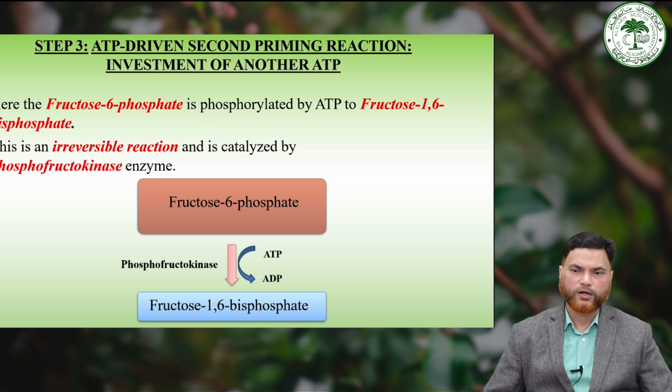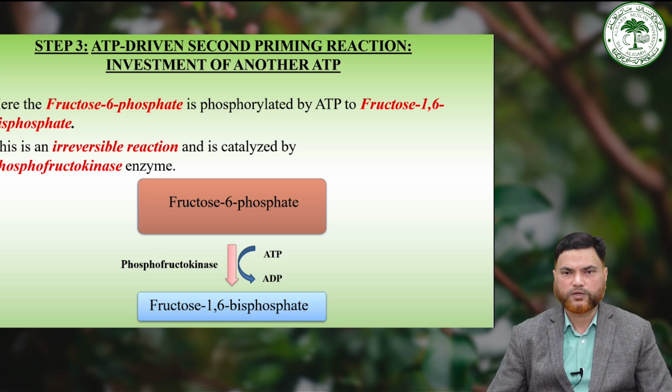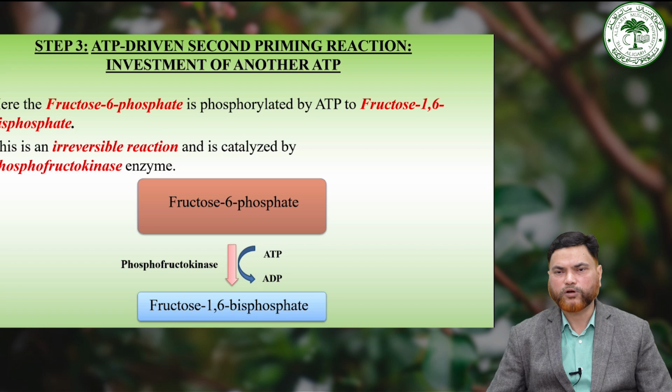Now in step three, in the preceding step, the carbonyl group shifts from carbon 1 to carbon 2, leading to the availability of a hydroxyl group at carbon 1.